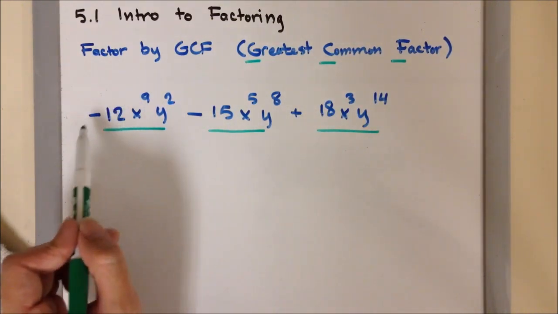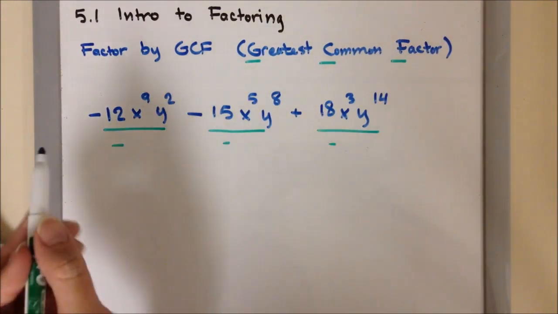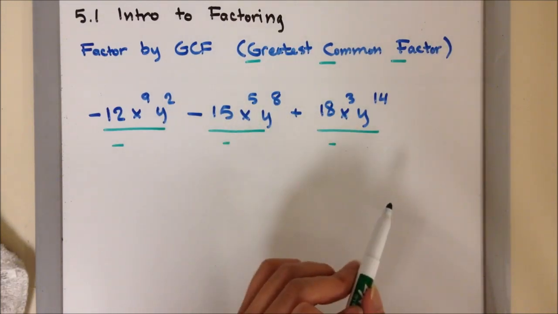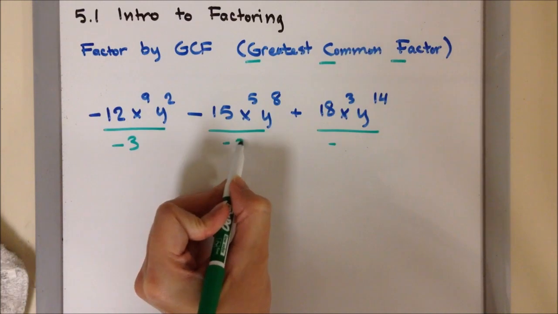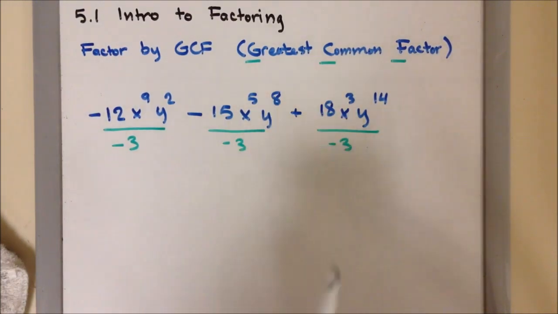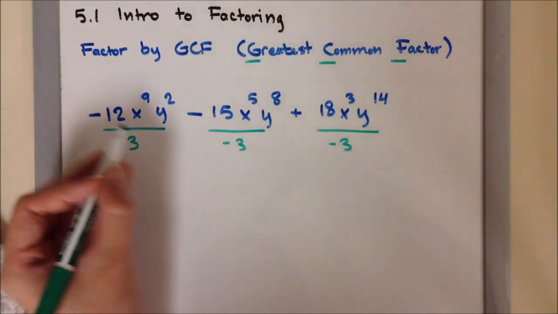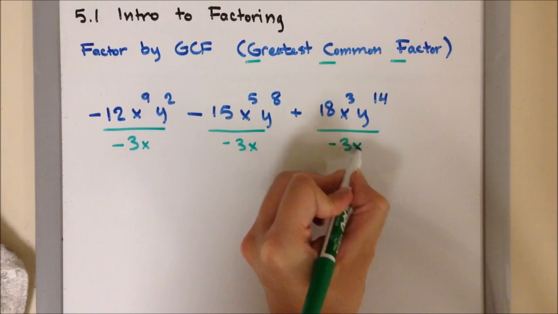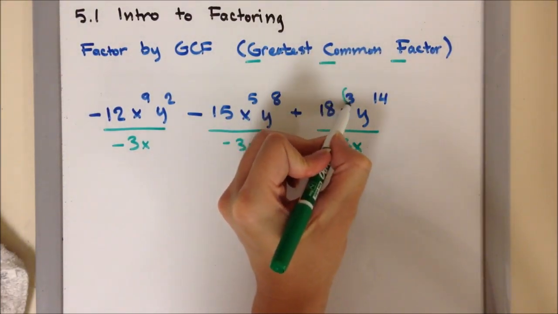Since my first term is negative 12, I'm going to divide each of them by negative. What's in common between 12, 15, and 18 is that all 3 are divisible by 3. So I'm going to put 3 in each. Now, since we have multiple variables, let's take a look at the x. For sure we're going to be dividing by x. The lowest exponent for x is going to be the 3.